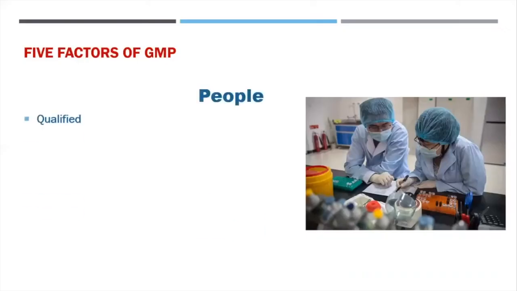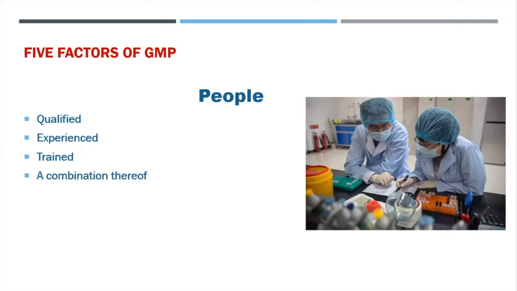So how and why are people important for GMP? They have to be qualified, they have to be experienced, they have to be trained, or a combination thereof. You must possess the most fitting qualification before you get into the pharmaceutical world, as a production person or a quality person, even regulatory or R&D, whatever.